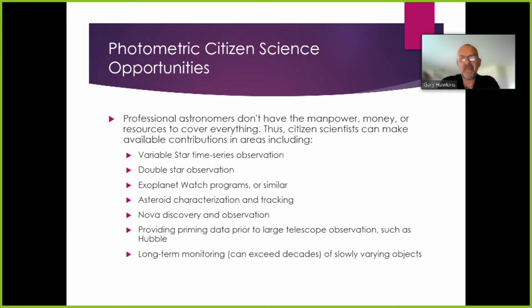And then finally, another area that you can participate in is the long-term monitoring of slowly varying objects. Some variable stars actually vary over a period of decades, and it's just not possible, again, for professional astronomers to be looking at these particular topics.